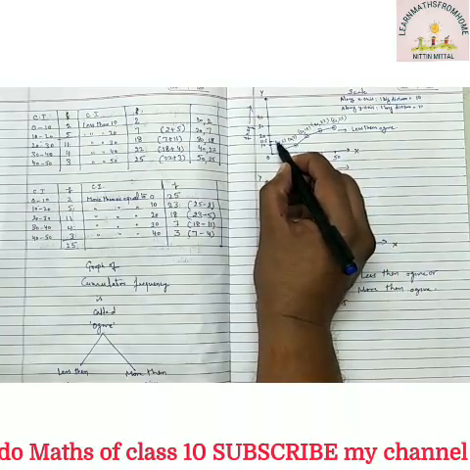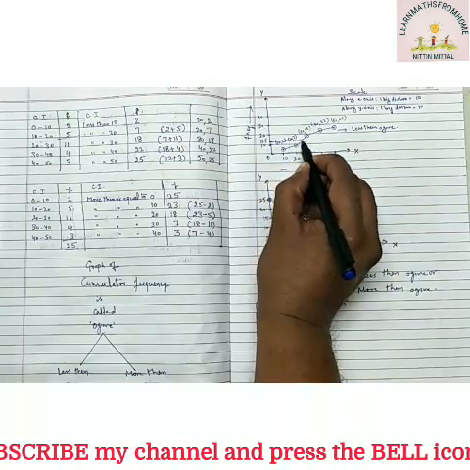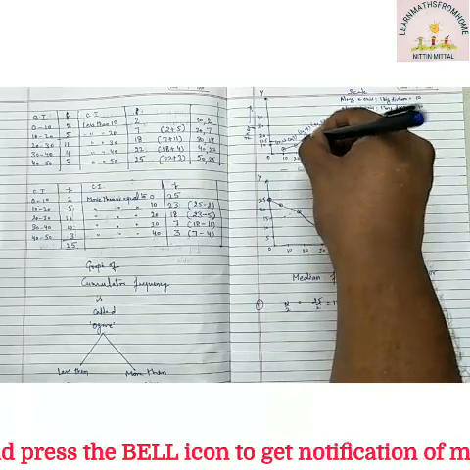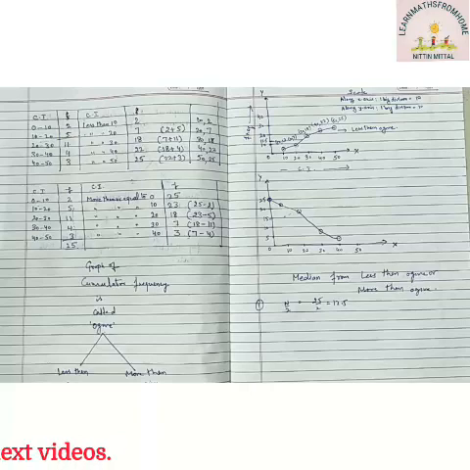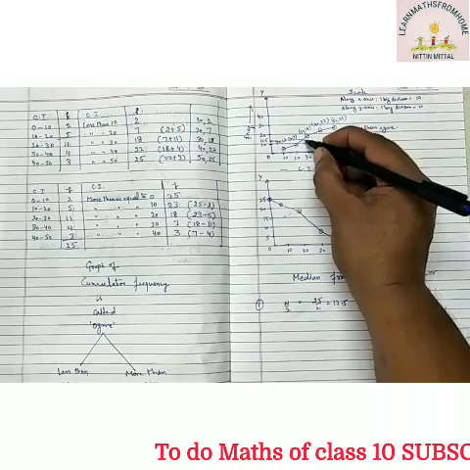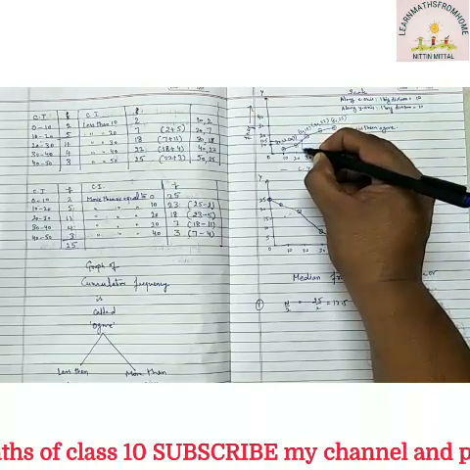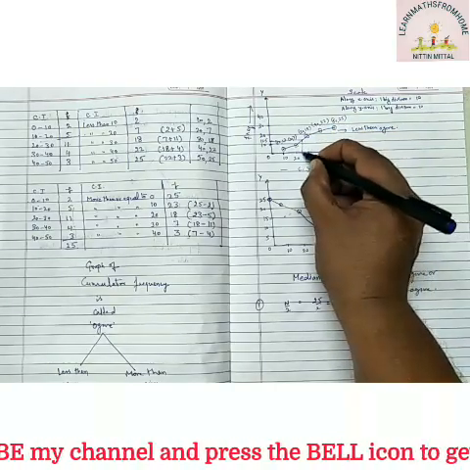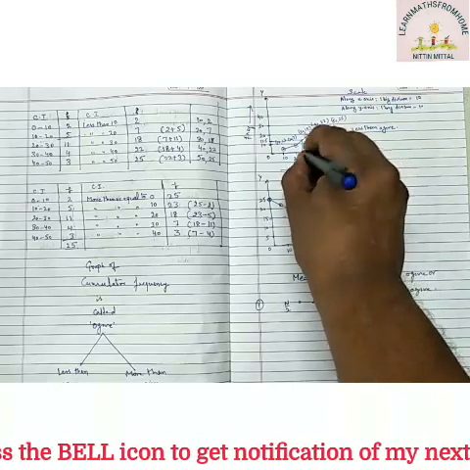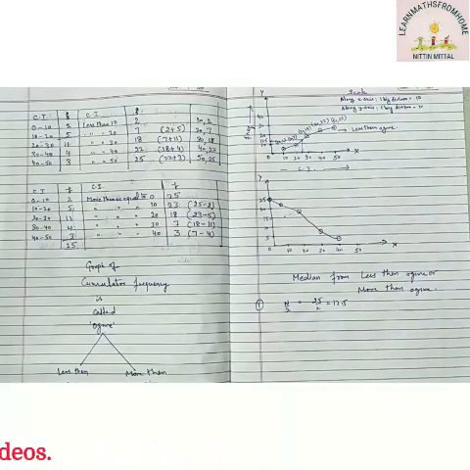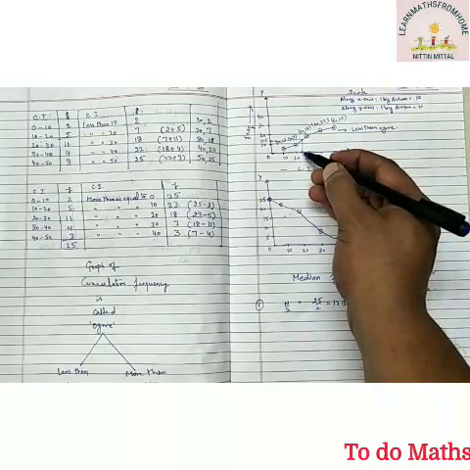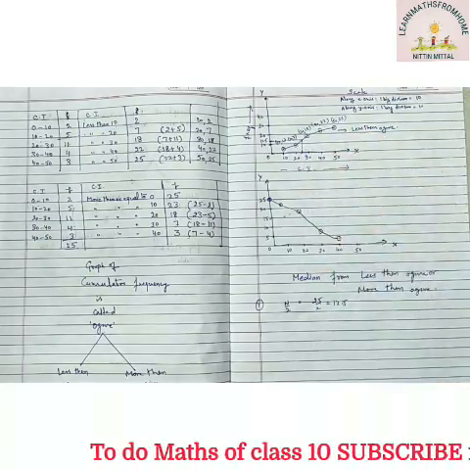So we will draw a line parallel to x-axis until it cuts the ogive at a point, and from that point we will draw the perpendicular on x-axis. Wherever it cuts the x-axis, that value on x-axis will be the median.